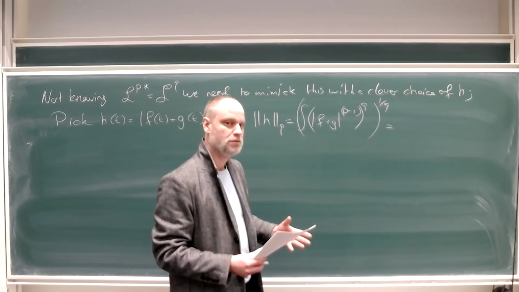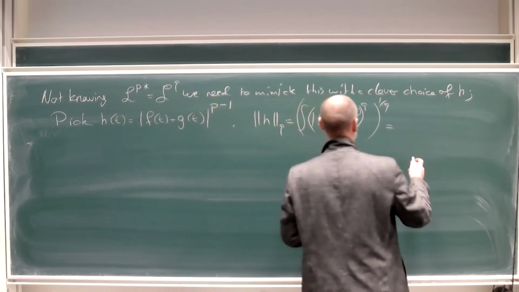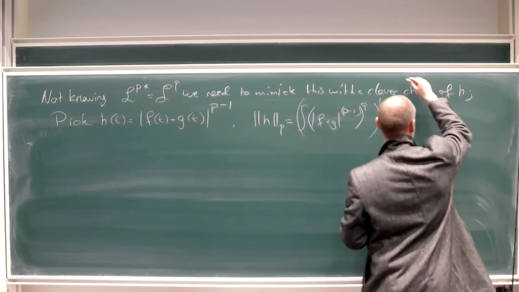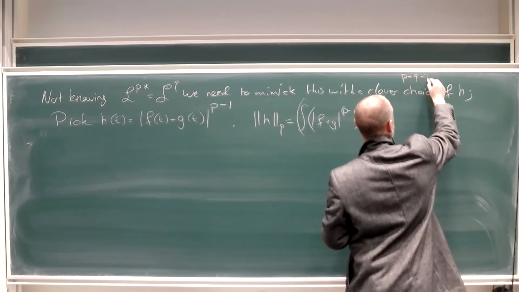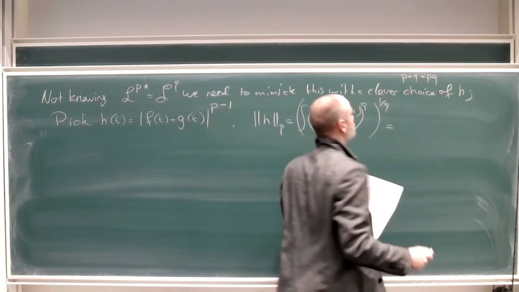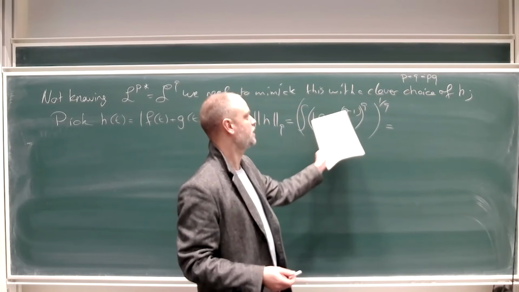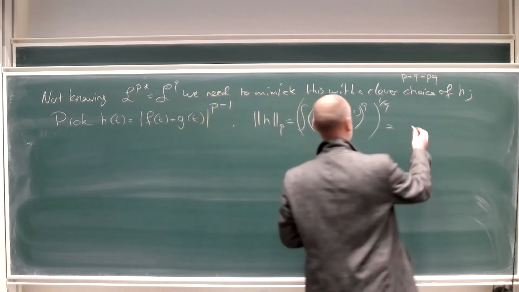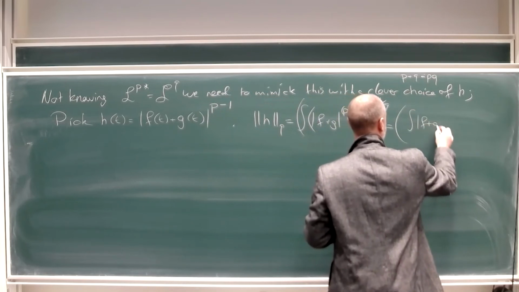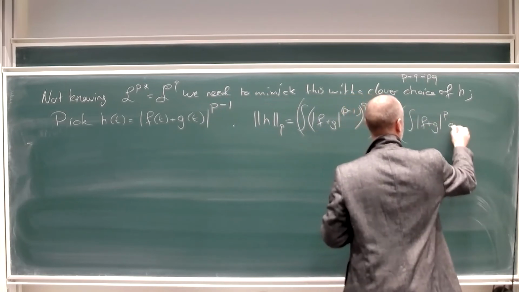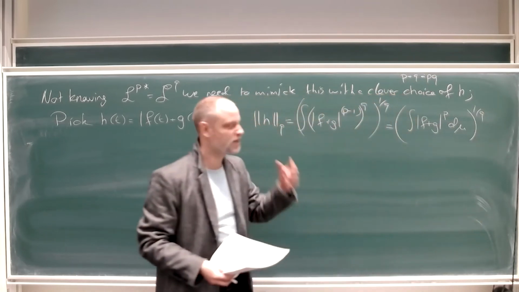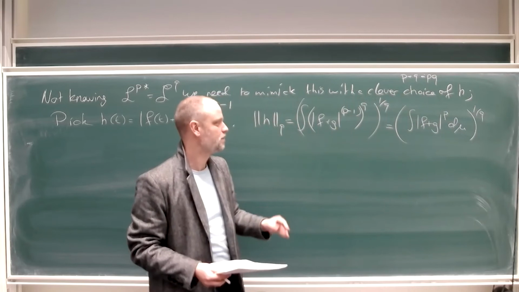p. Yeah. Because I have that, I don't know where to write it, p plus q equals p times q. Right? So here I just get left with a p. So I have the integral of f plus g to the power of p, d mu. So I don't know what this number is, but I know that it's finite, right?